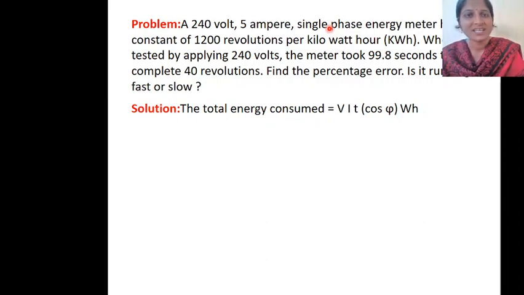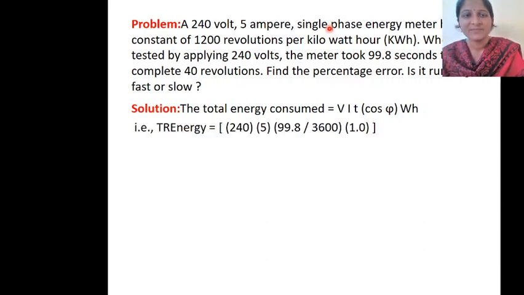If they don't mention any power factor, you take it as unity power factor. Now substitute V equal to 240, I equal to 5: 240 into 5 into time into power factor 1, and the time taken here is 99.8 seconds. You need to mention the result in watt hours.